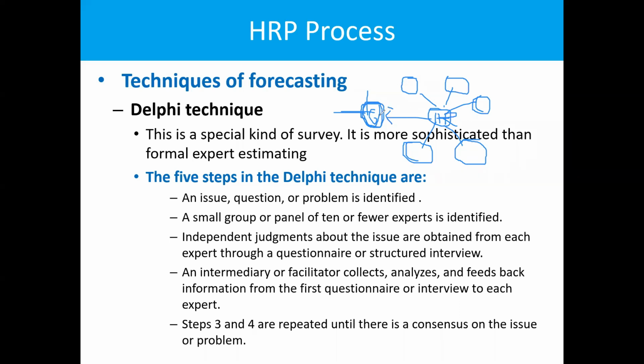Then the issue is presented to them individually, independent from one another. For example, no one knows the other one's prediction. Let's say the HR manager individually contacts this person and presents the problem and the corporate plan. As chairman, he knows very well about the current strategic plan, and an issue is presented.